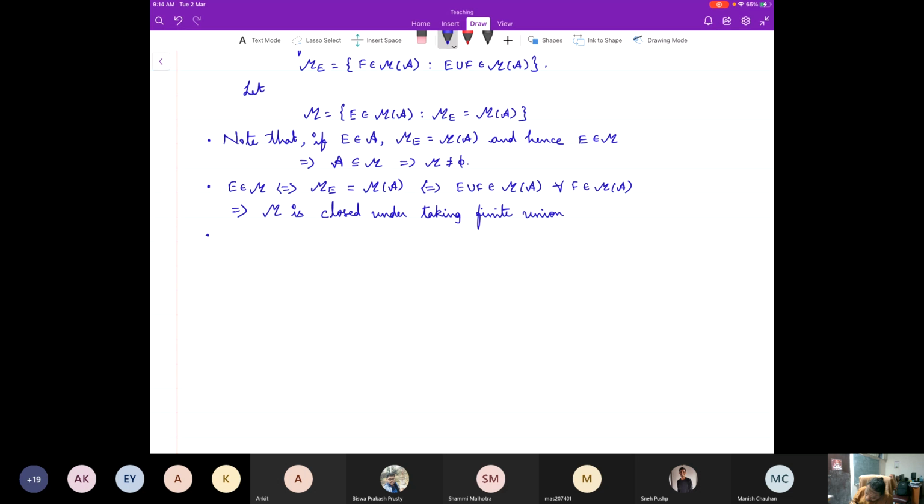You can also show that script M is closed under complements; I'll simply leave it as an exercise. These two together imply that script M is an algebra.